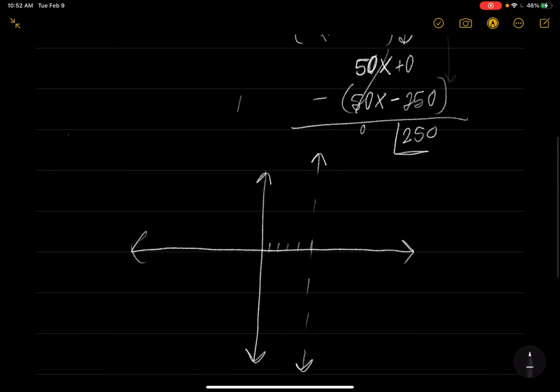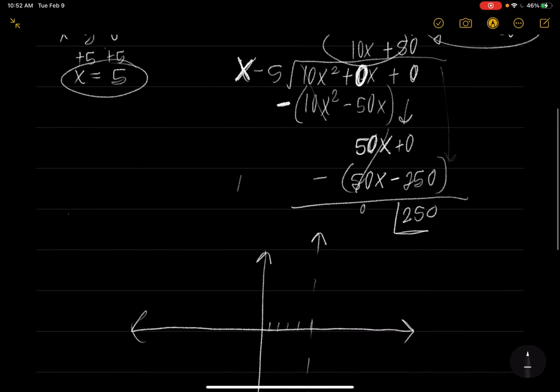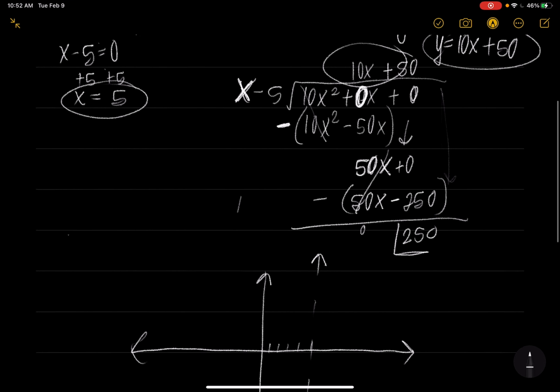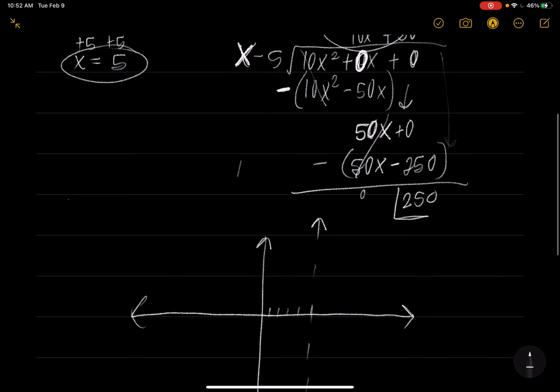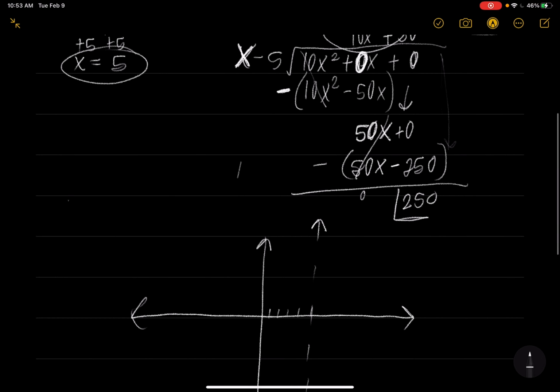And our slant asymptote was at y equals 10x plus 50. So for our y-axis, we have a y-intercept of 50. Let's just pretend this is 50 right here.